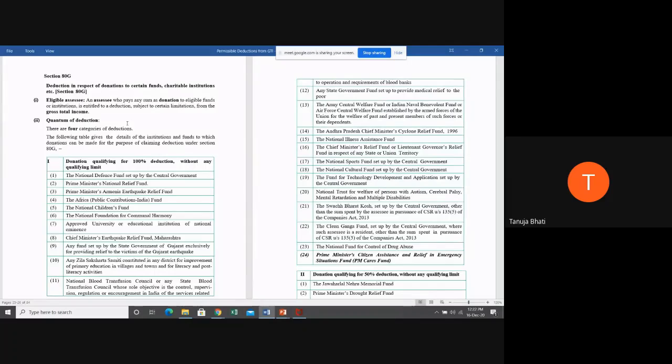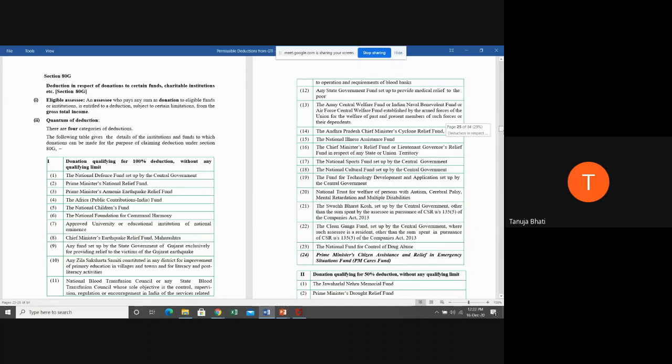Donations where you get 100% deduction without any qualifying limit. Donations where you get 50% deduction without any qualifying limit. Third, donations where you get 100% deduction but with qualifying limit. And fourth, donations where you get only 50% deduction but with qualifying limit.